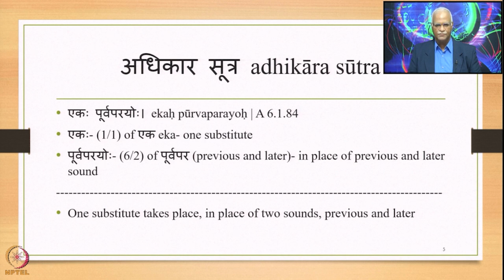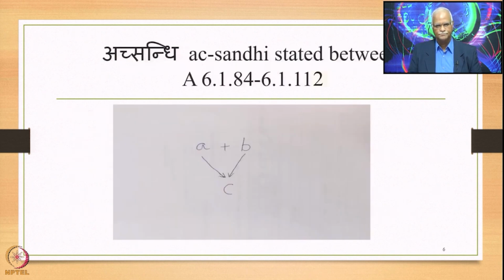Purva means previous, para means latter. Purva parayoho means in place of previous and latter sound. What this sutra means is one substitute takes place in place of two sounds, previous and latter.